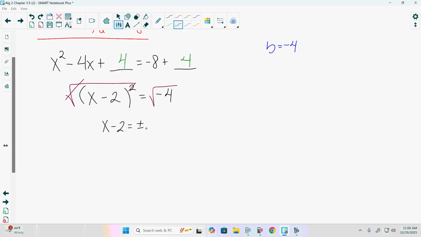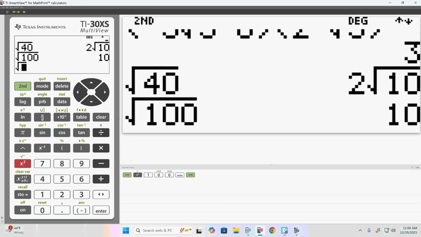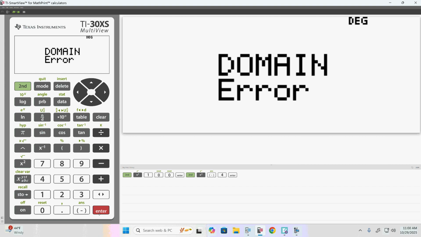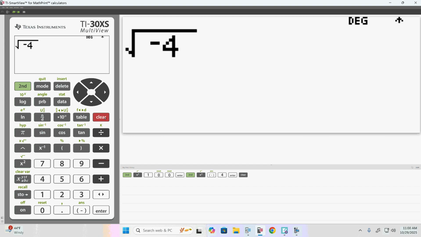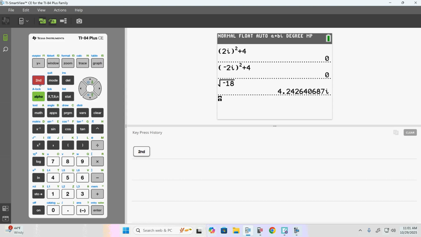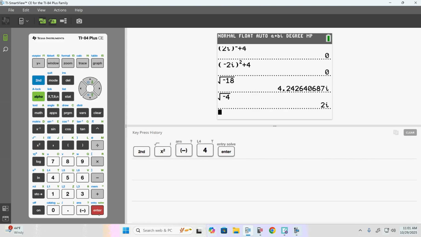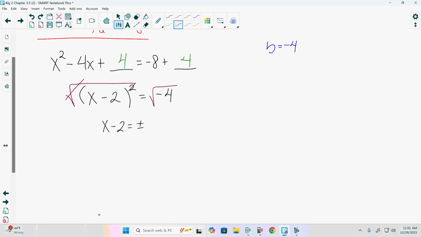So we can grab a calculator, second, square root, negative 4. Domain error. So we can try the graphing calculator if we want. 2i. If we do this by hand, we know the negative inside a radical has to come out as i, because that's just the square root of negative 1.